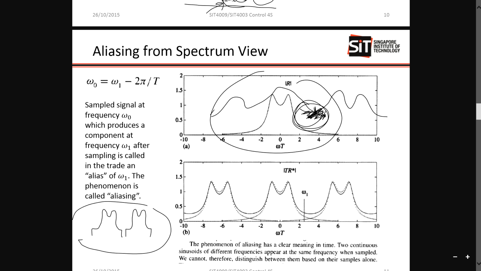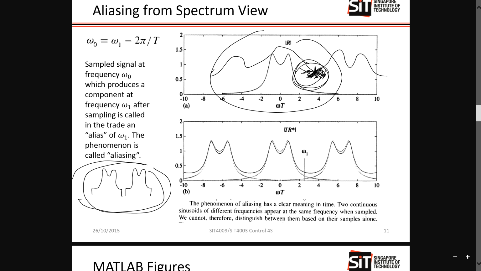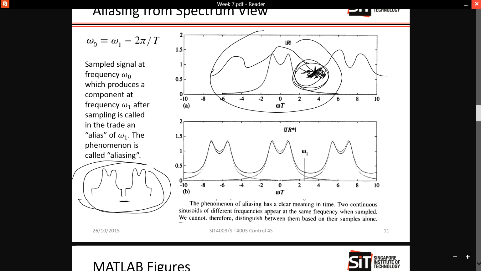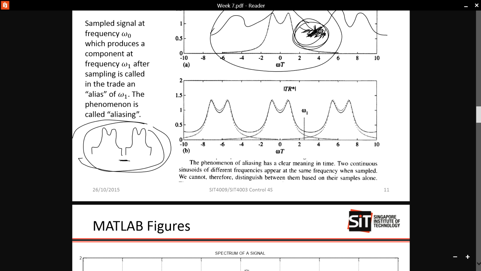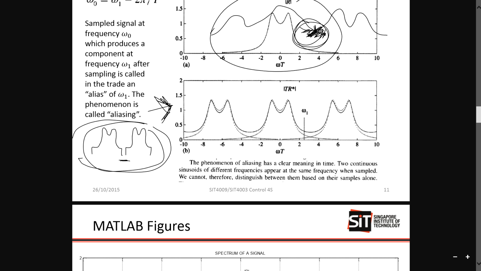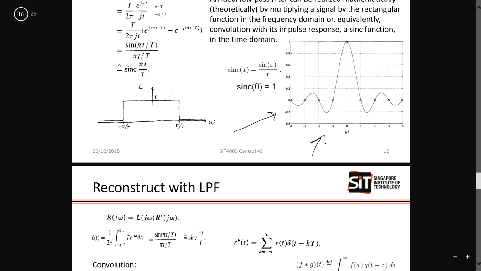Yes, it helps with the aliasing issue, but it does not help me explain this part. It all goes down. So this raises another question: is this particular spectrum the same as this one?